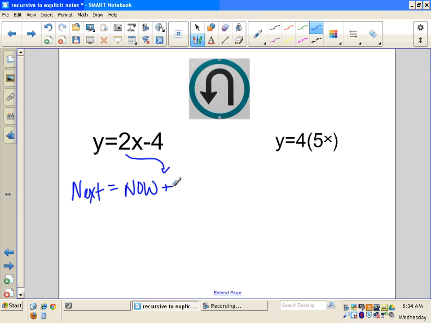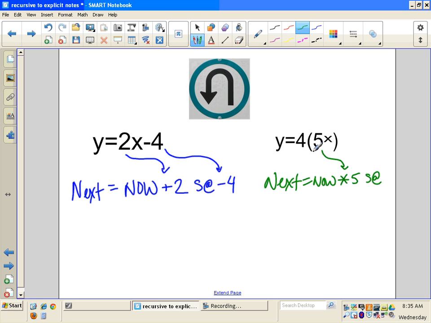And it's going to be a positive 2, starting at negative 4. There's my starting at value. And I'm going to take my exponential form, and I'm going to say next equals now, and this is what I'm multiplying by each time, times 5, starting at, here's my starting value, 4.